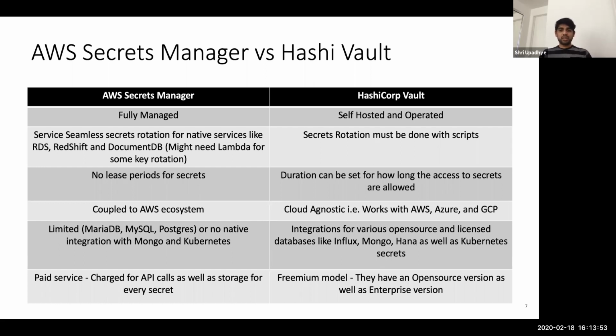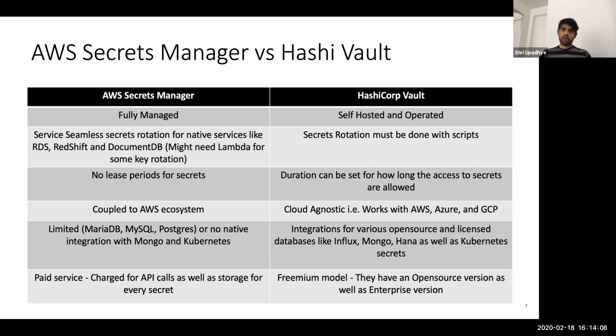Whereas with Vault, it has very tight integrations with databases like Influx, Mongo, HANA, as well as Kubernetes. And Vault is one of the most popular secret stores used in the Kubernetes ecosystem.